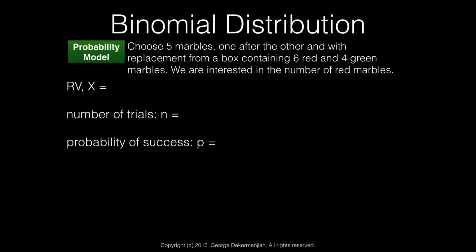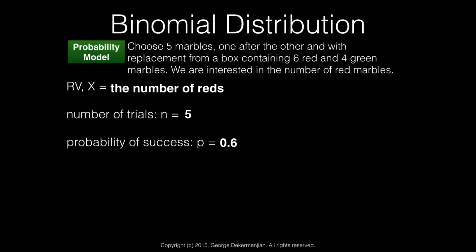Now in this example, again, we've seen this in the previous videos, but we're going to look at it again. Choose 5 marbles, one after the other, and with replacement, from a box containing 6 red and 4 green marbles. We're interested in the number of red marbles. So the random variable is the number of successes, and we're going to say that getting a red marble is a success. So x is the number of reds, the number of trials is 5, and the probability of success is always 0.6, because we have 6 red and 10 total, so 6 out of 10.